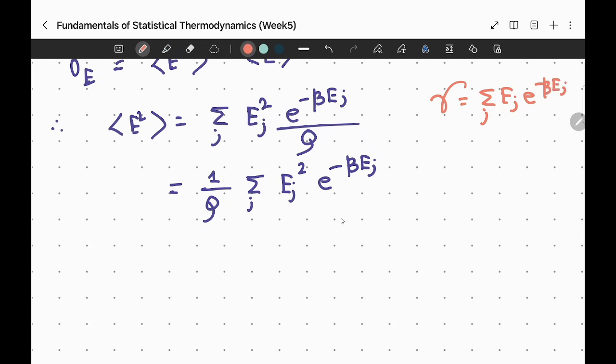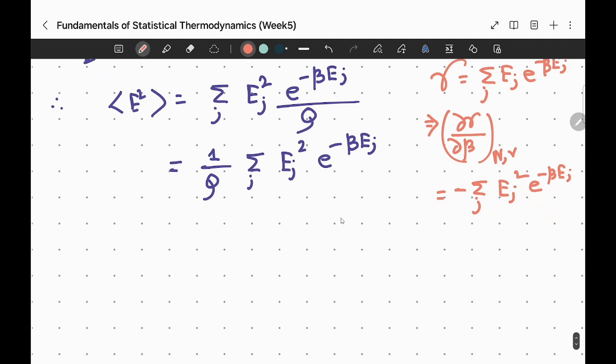If it is gamma, then what will be del gamma del beta at constant N, V? It will be minus EJ e to the power minus beta EJ, and the derivative of the exponential brings another EJ in front, so EJ square will be there.